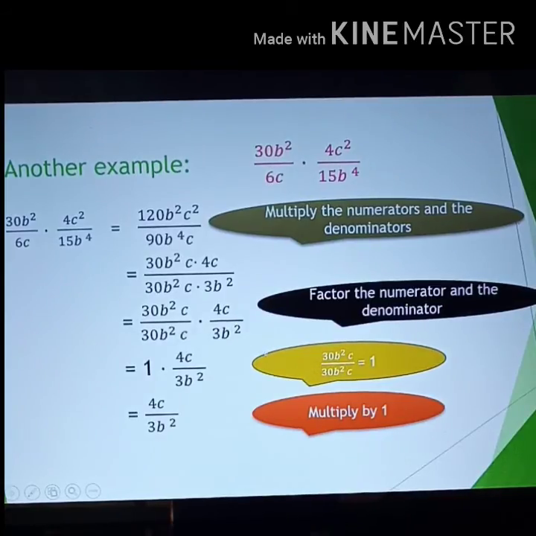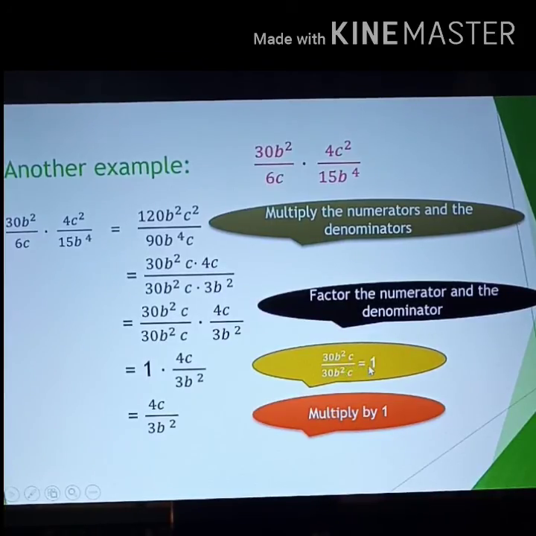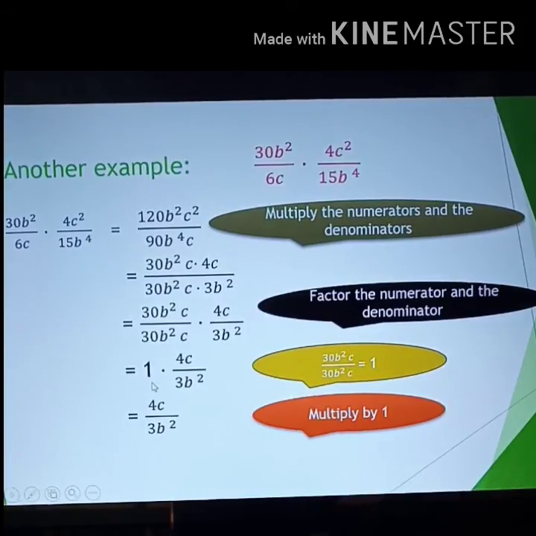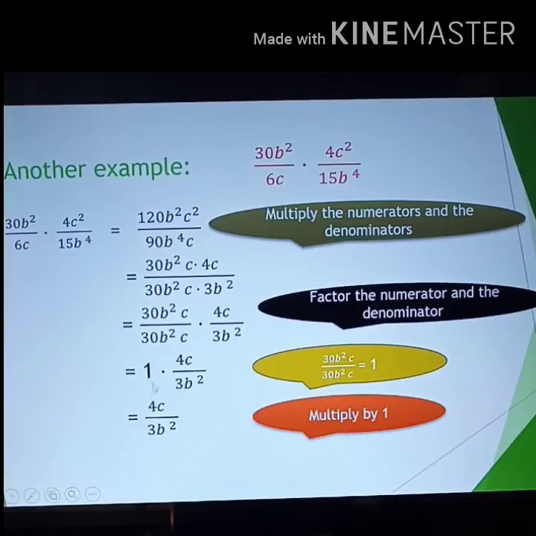We all know that 30b squared c divided by 30b squared c is equal to 1. So we are going to multiply 1 times 4c all over 3b squared and we got 4c all over 3b squared. And this is the final answer.